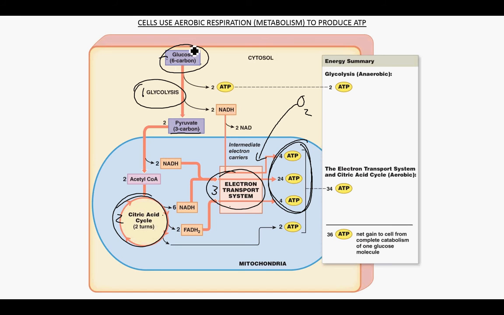The potential energy stored in the bonds of this glucose molecule is ultimately, via glycolysis, citric acid, and electron transport, going to be converted into these ATP molecules over here that then can be used to run the cell. So this is the summary of energetics, the energy transfer.